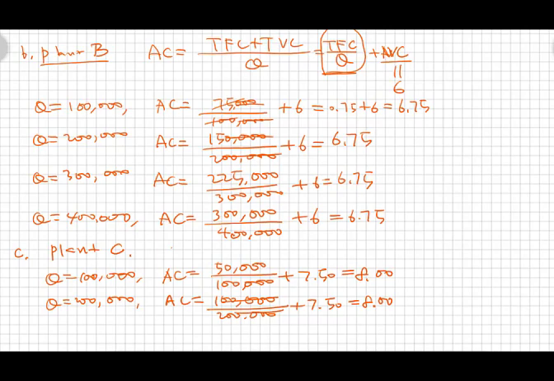So this continues for the other quantities, with the same logic you've seen in question B. So for plant B and plant C, their average cost stays the same at $6.75 and $8 respectively for each possible quantity of production.